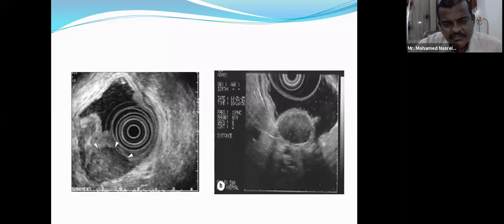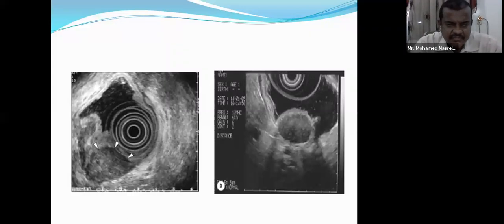Mostly these mesenchymal tumors are found in the second layer, the muscularis mucosae, or the muscularis propria, the fourth layer. If it is smooth, with regular margins, homogeneous, like this one on the right, it looks like a benign one.